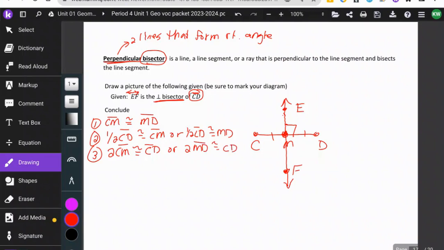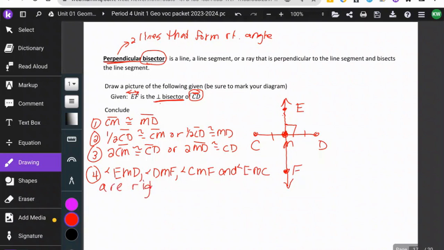We also know from the perpendicular piece that we've got a bunch of right angles. So we know that angle EMD, angle DMF, angle CMF, and angle EMC are right angles.